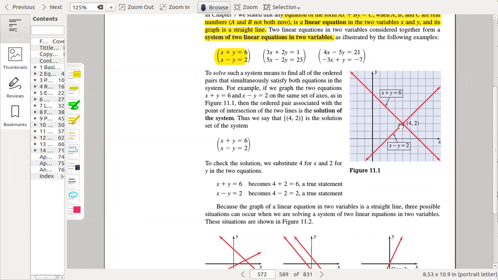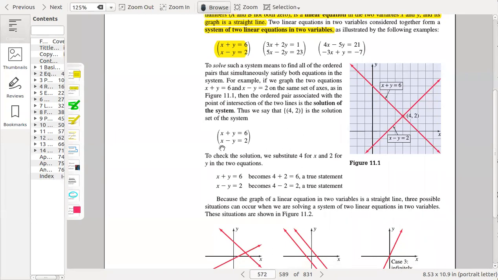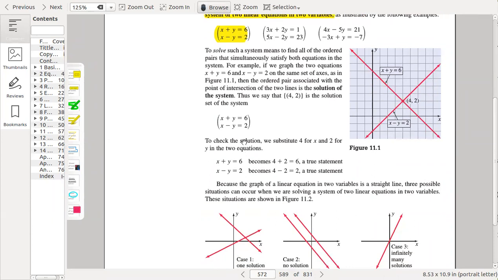Just substitute x with 4 and y with 2. The left hand side will give you 6, which is equal to the right hand side. Similarly, if we substitute these values in the second equation, x equal to 4 and y equal to 2, 4 minus 2 is equal to 2. Again, this second equation is satisfied.